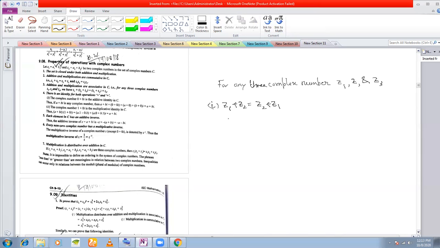Okay, this is say A and B. Z1 Z2, the product of two complex numbers, is always equal to Z2 Z1. This is called commutativity with respect to addition. Commutativity with respect to multiplication.